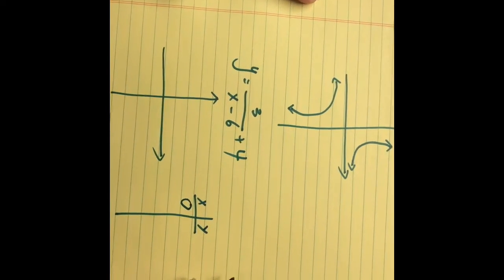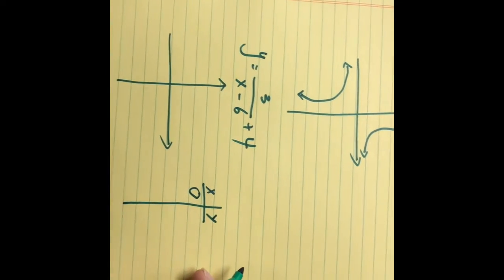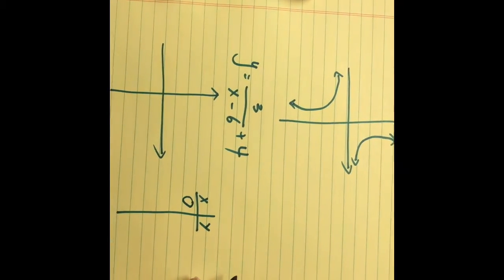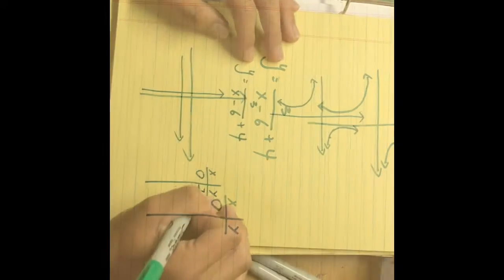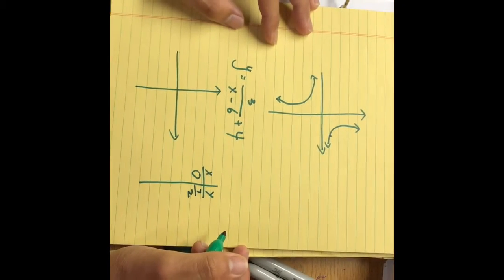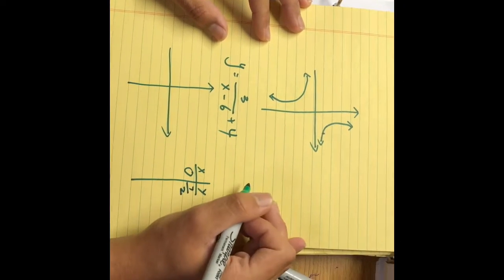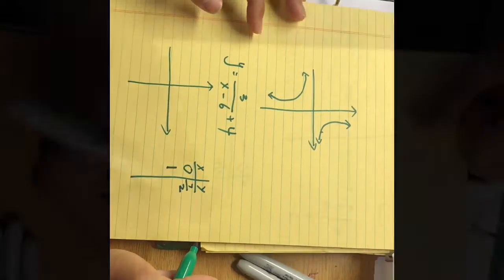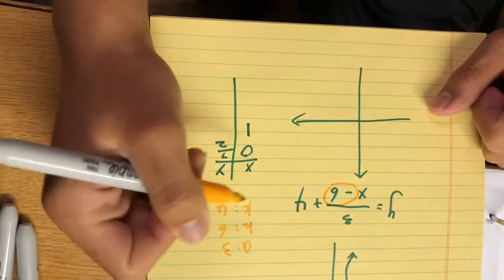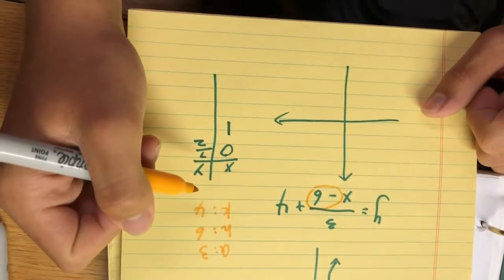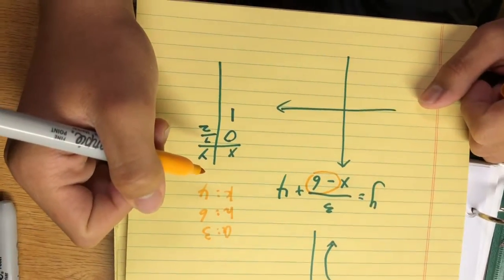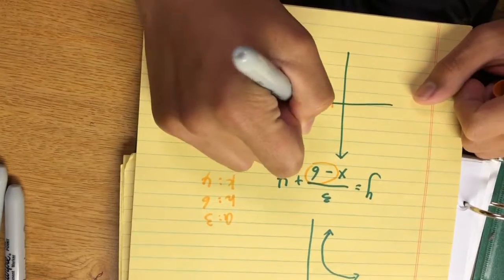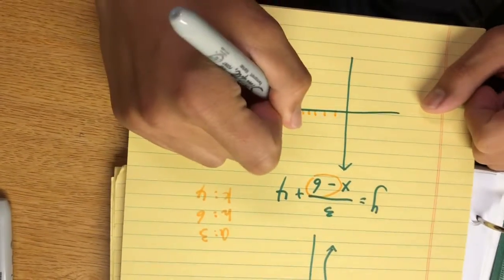So for example, plug 0 into x in the function, which is equal to 7 over 2. Now, if x equals 1, because in the function it is minus 6, we have to shift the graph to the right 6 spaces.